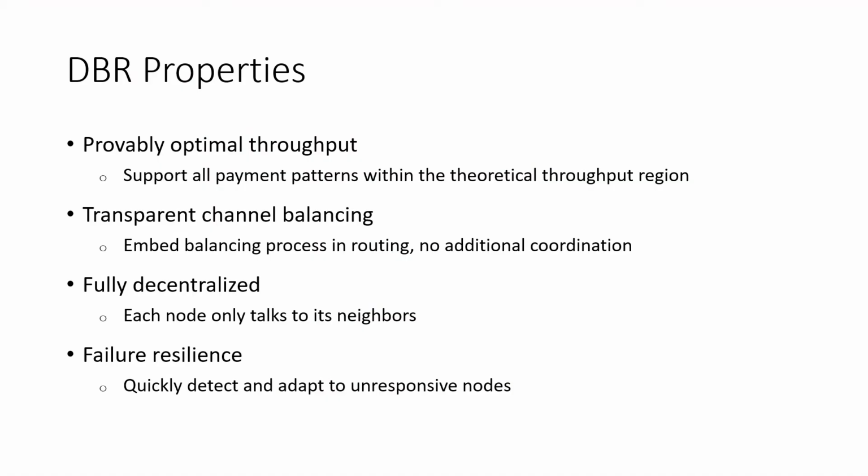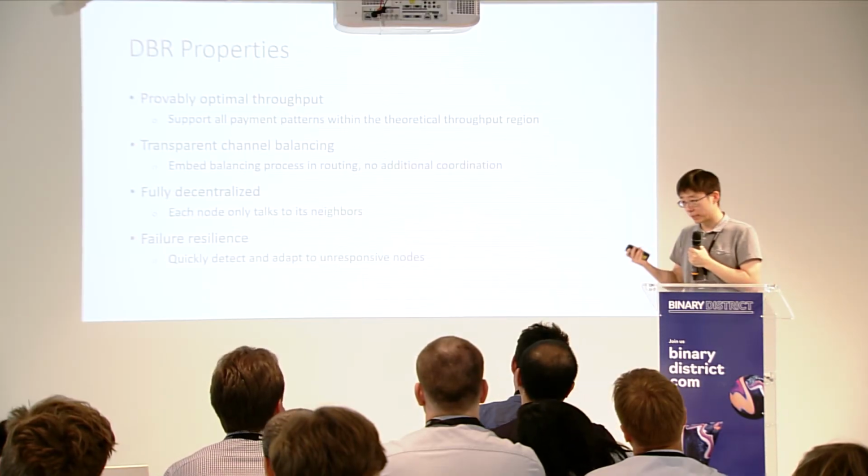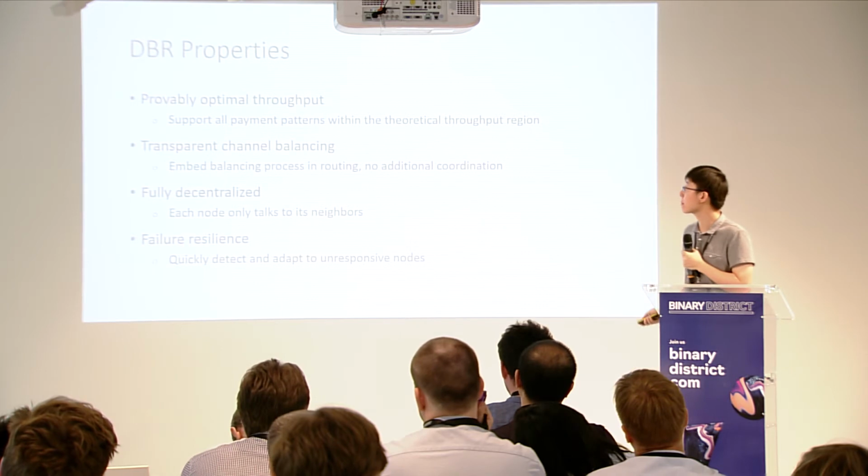You do not need any out-of-band communication. And it is fully decentralized because each node only talks to its neighbors. And of course, it is failure resistant because each node can quickly detect and adapt to an unresponsive node by detecting the queue buildup.